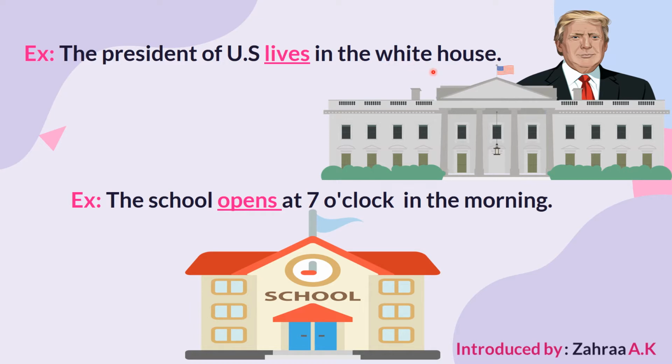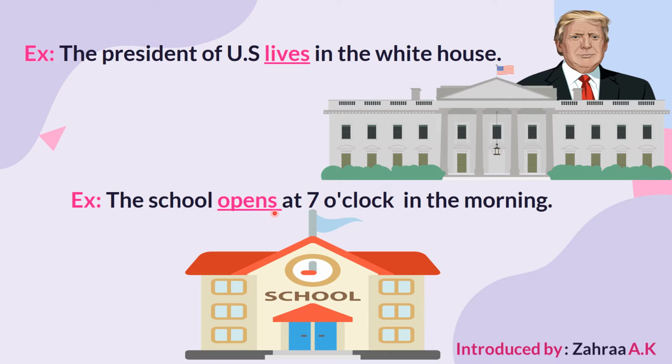In the White House. The second example, المثال الثاني: the school opens at 7 o'clock in the morning. المدرسة. I said the school, not the schools. يعني ما قلت المدارس وإنما قلت المدرسة، مدرسة واحدة، مدرسة محددة. Opens. The verb is open. الفعل هو open.